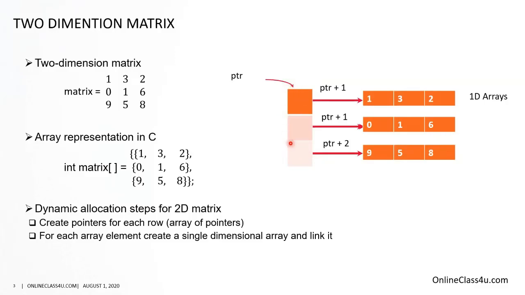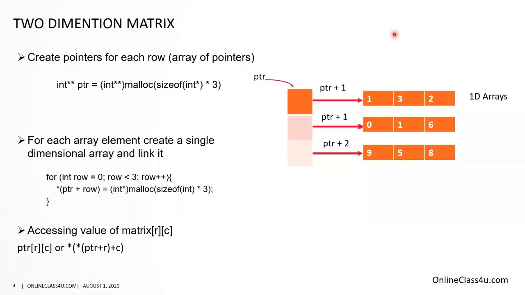Once I create memory for this array, for each row I need to create actual memory space. So how to do that in C? Let's go to the next slide. As we discussed in the last slide, there are 2 steps of creating memory dynamically for a two-dimensional array.